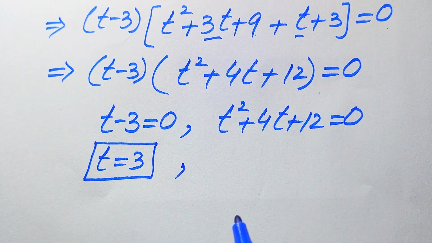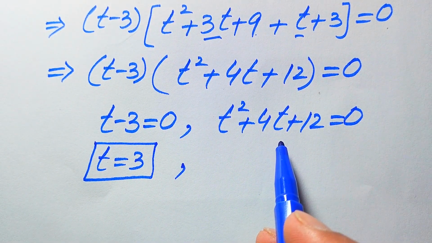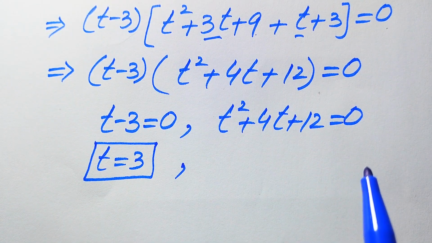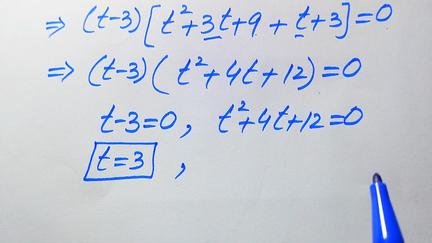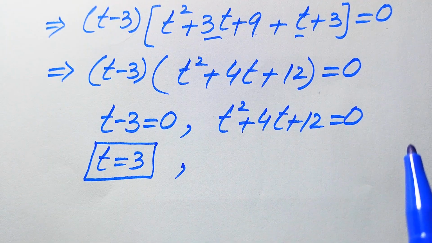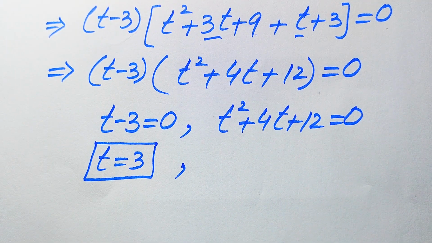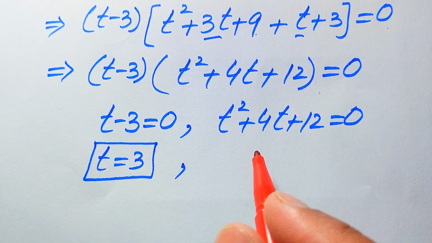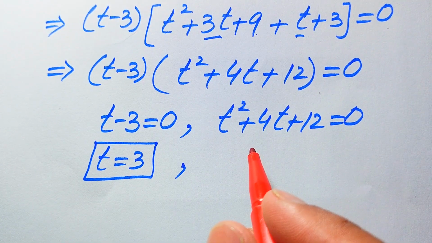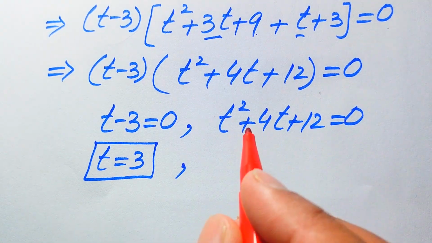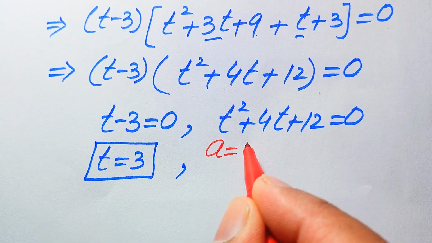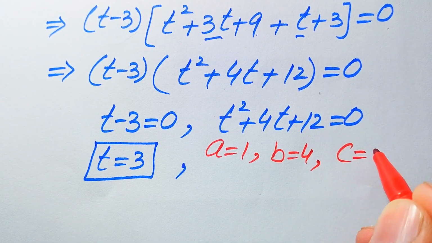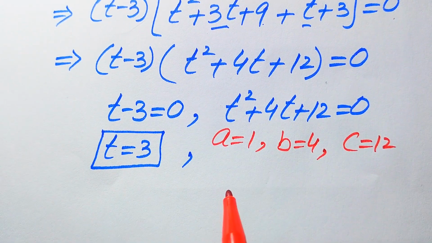Now in order to find the other roots we need to solve this quadratic equation. You know that there are three methods to solve a quadratic equation. The first one is the factorization method, the second is the completing square method, and the third is applying the quadratic formula. Here we use the quadratic formula, and for this we write the coefficients: a equals 1, b equals 4, and c equals 12.